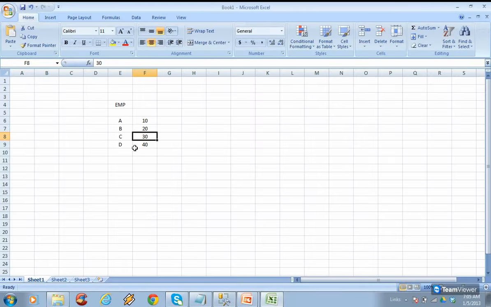Now we have 10, 20, 30, 40, and E is the person who is having say 30, and F is the person who is having 40, and G is the person who is having again 30, and H is the person who is having 20, and so on.